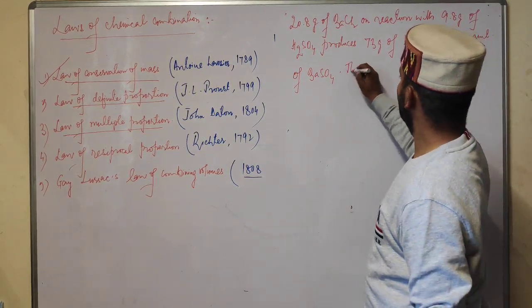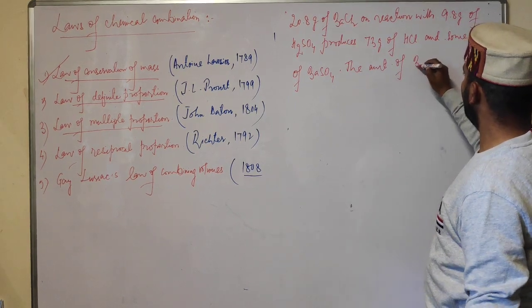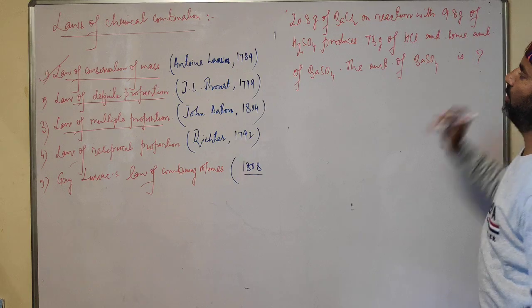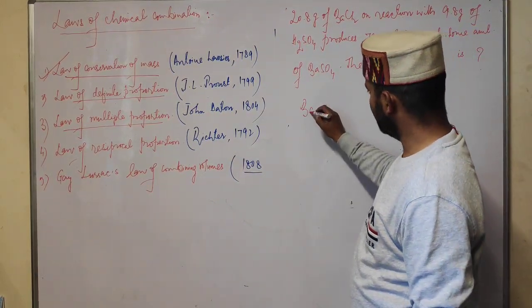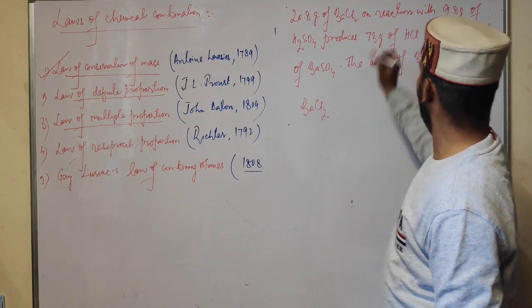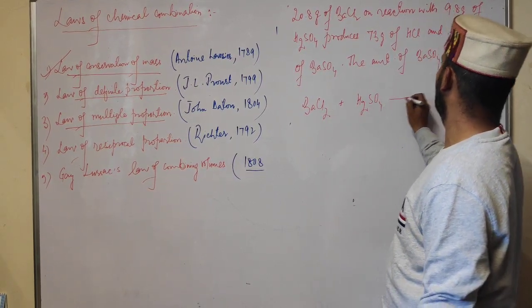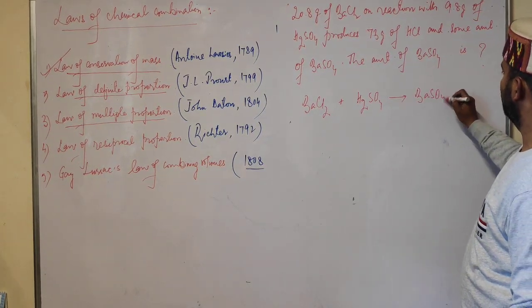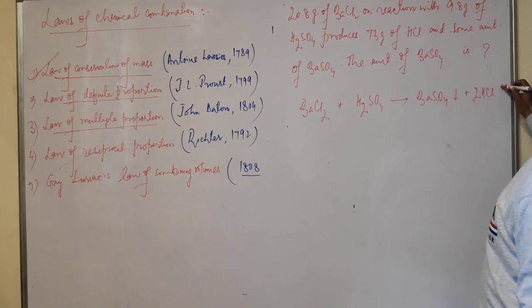Now students, the amount of barium sulfate in this reaction is how much? So student, this is a very simple question. Barium chloride when reacts with H2SO4, it gives barium sulfate which tends to precipitate out, and then there is HCl, being a gas, which escapes.